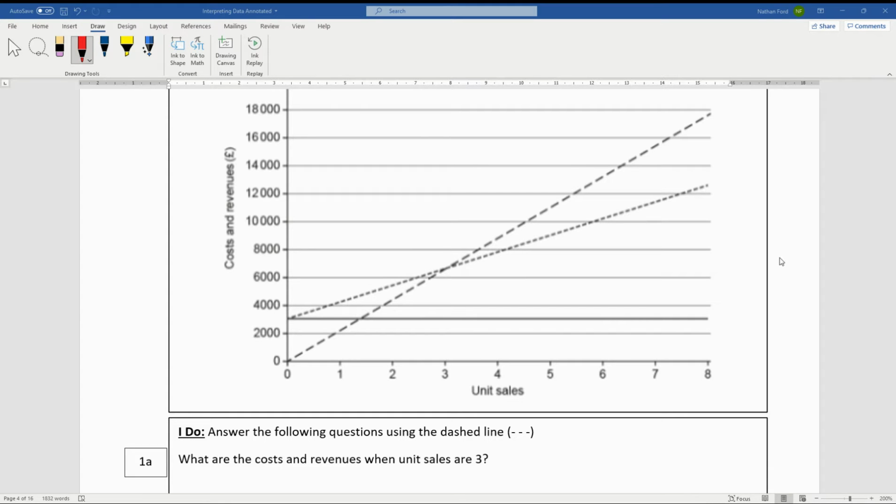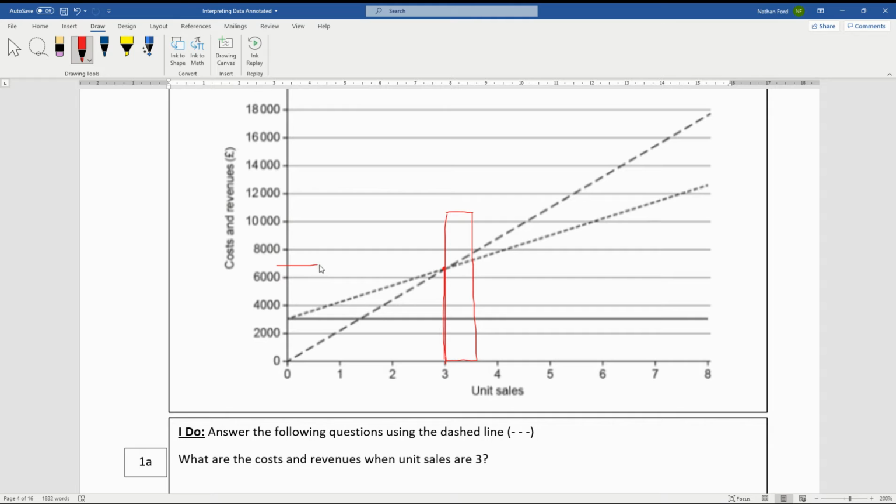So let's have a look. We're going to go right at 3. I'm going to put my ruler down here, and I'm going to read up from 3. When I hit my graph, I'm going to leave my pencil there, and put my ruler down again, but horizontally across the page.